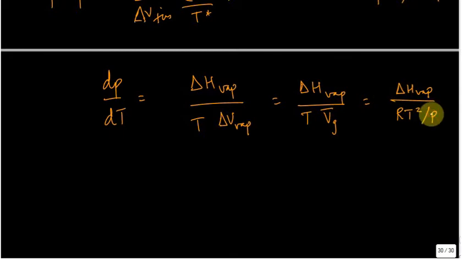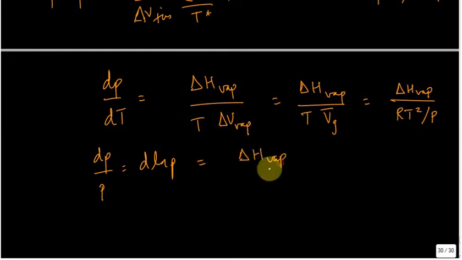Which means I can bring that P over here, so that would be dP by P, which essentially I can write as d log P, which is equal to delta H vaporization by RT square dT.